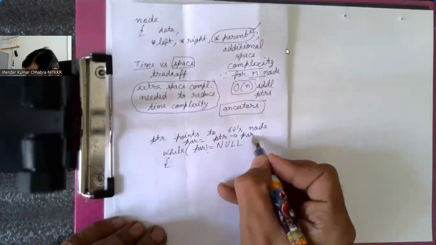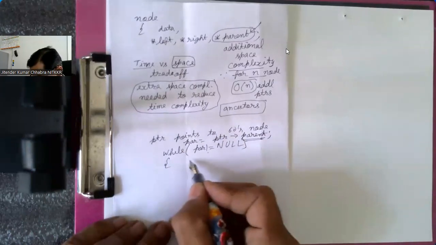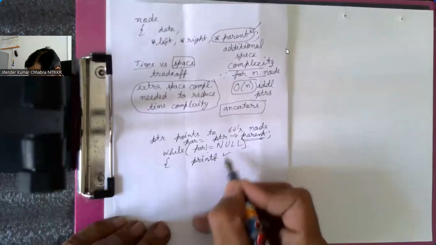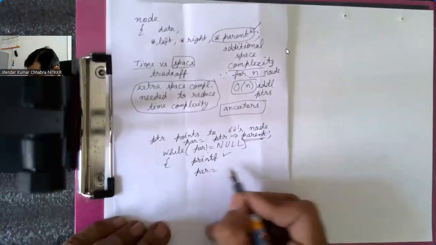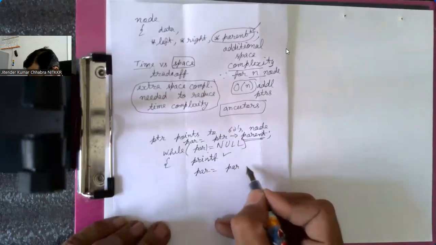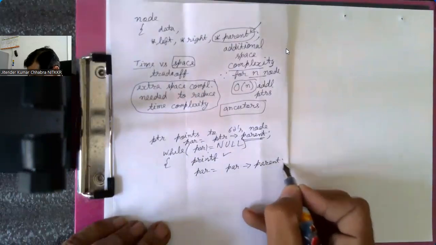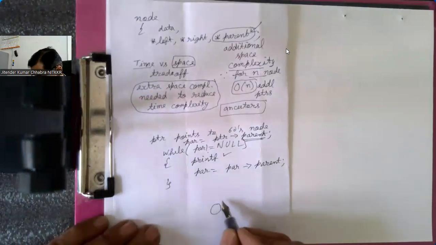I am on the 60 node. PTR's parent points to 50. I can just keep doing printf of the parent's data and the parent to be found again. So I will say parent equal to current parent's parent. That's it. I was on 60.